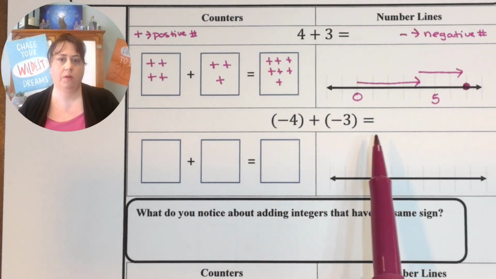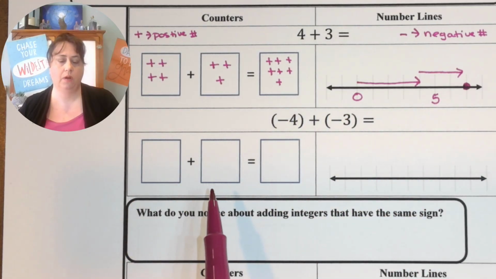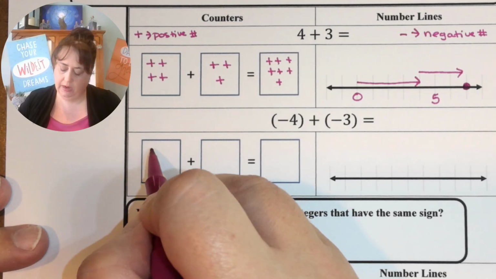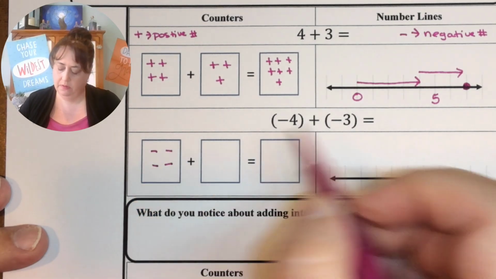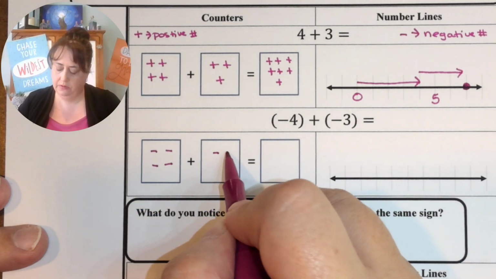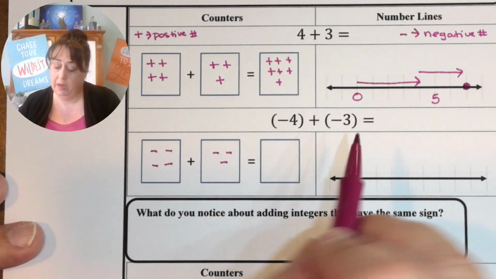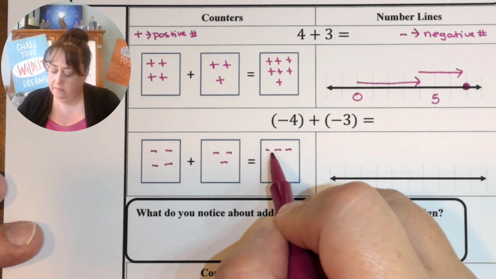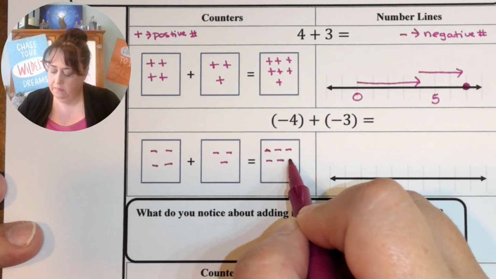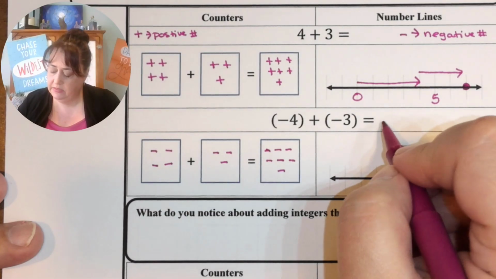Here is negative 4 plus negative 3. So negative 4 means I have 4 negatives and 3 negatives. They're all negatives, so I can put them all in the same bucket. And I can see I have 7 negatives.